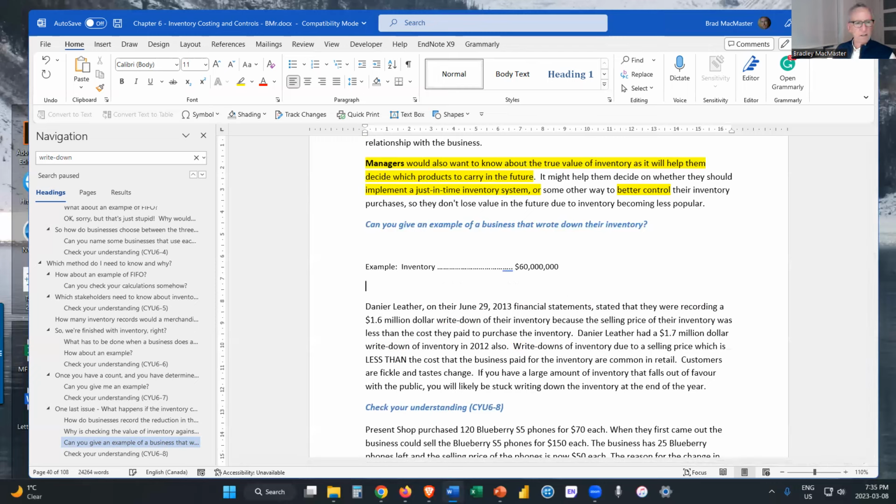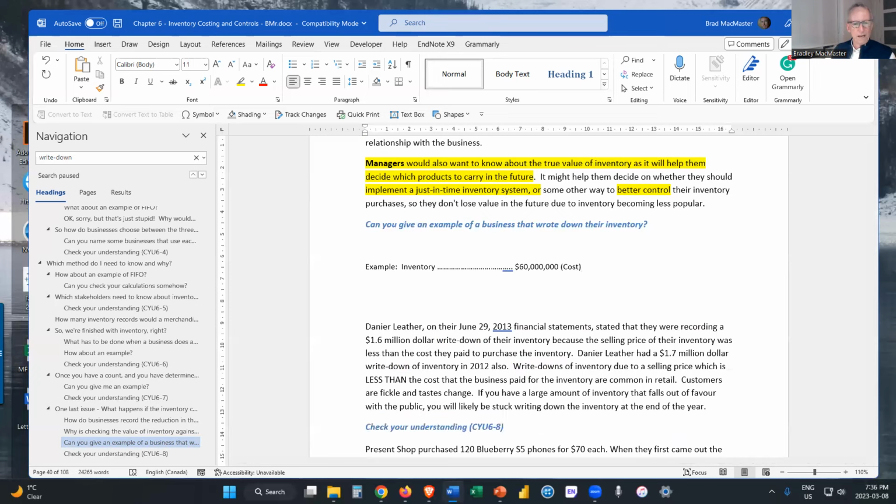So in this situation, this would be cost. Then they would have 48.4 million as the market value of this, market or net realizable value, however they've determined it.